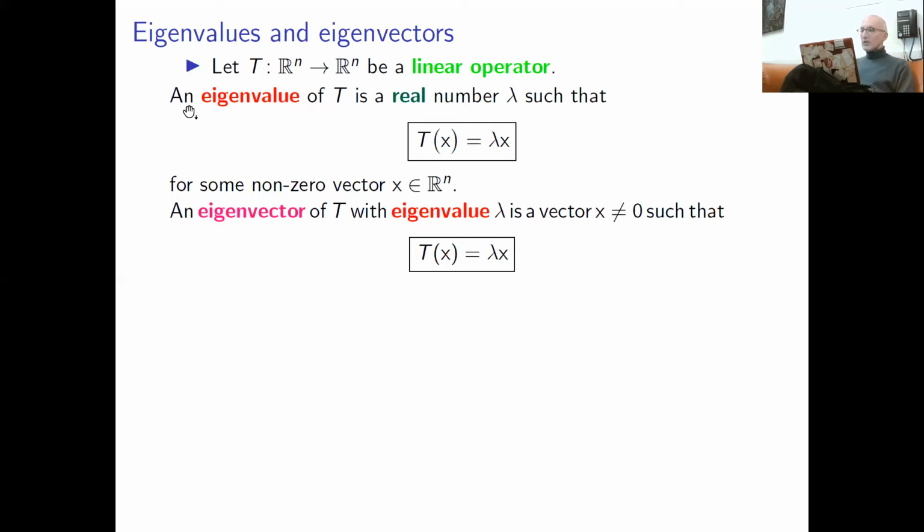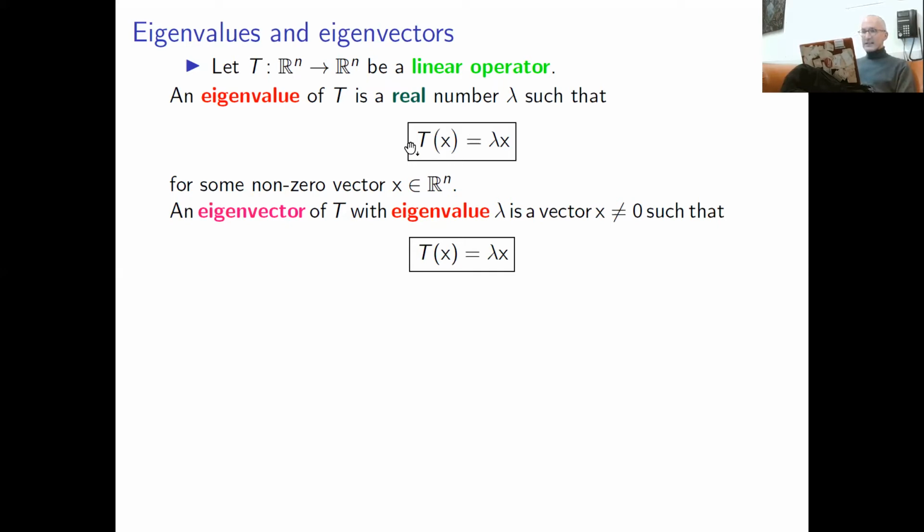So here we consider this as part of the definition. Vector x in this definition must be non-zero. This is a very important remark. So let me repeat, an eigenvalue of T is a real number lambda such that there exists a non-zero vector x such that if you apply T to this vector x, you get vector x multiplied by lambda.